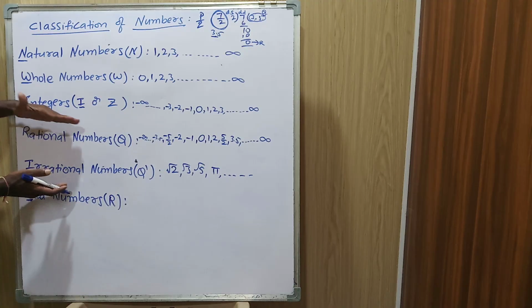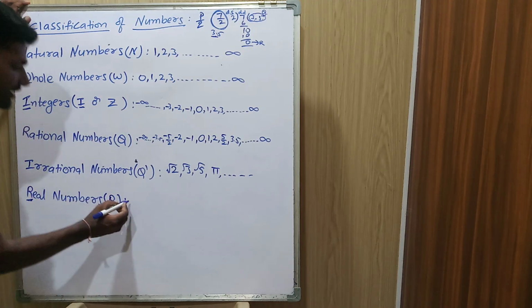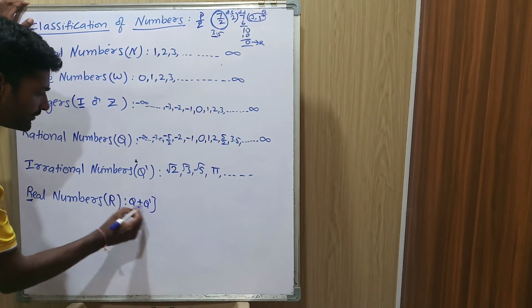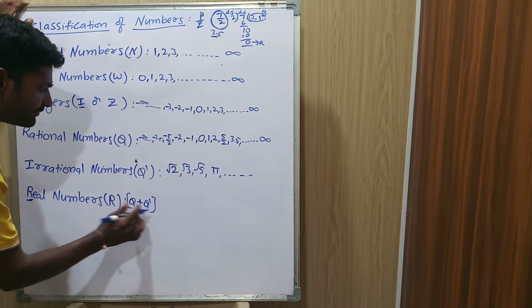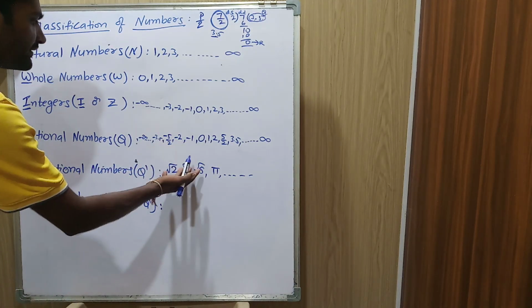That means the combination of rational numbers and irrational numbers is called real numbers. In short, we can write Q plus Q dash. That means these two sets will be included here.